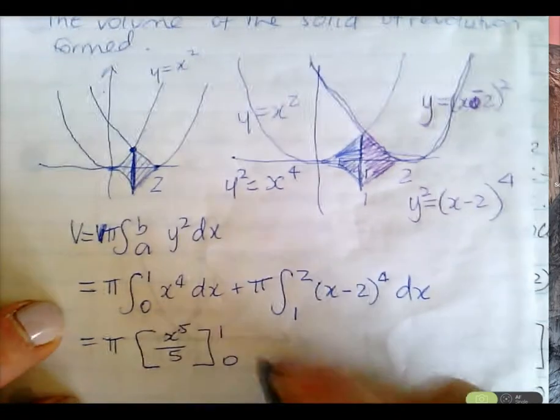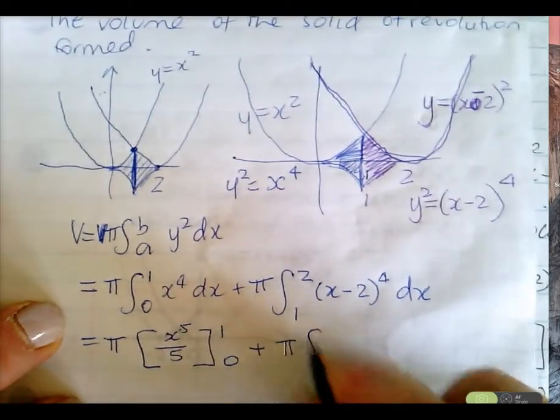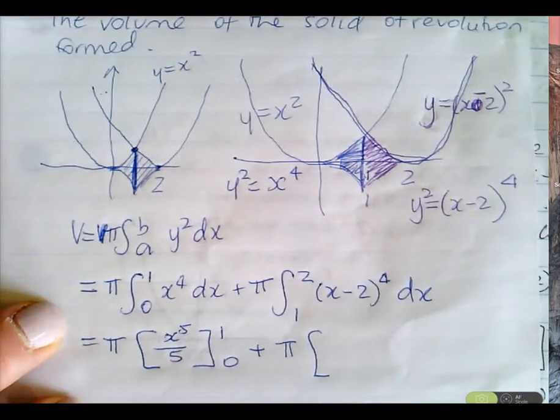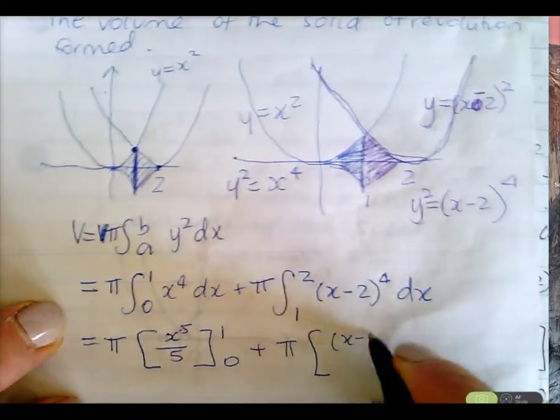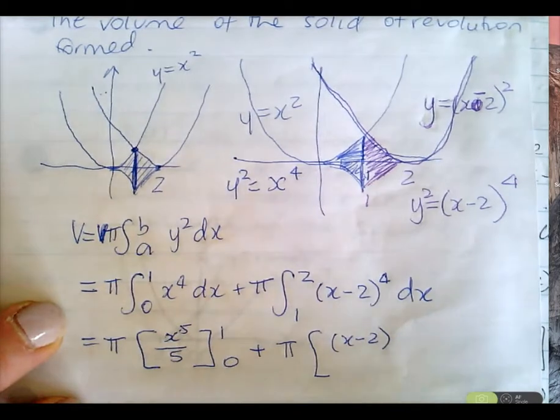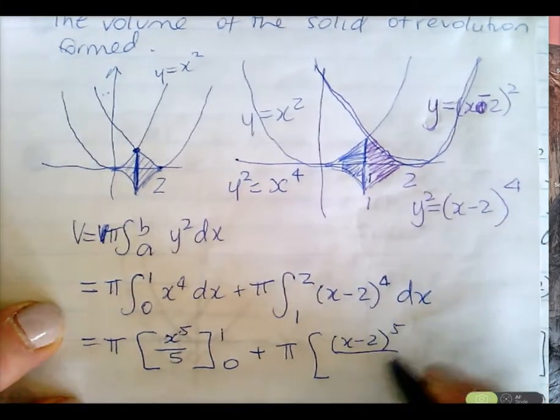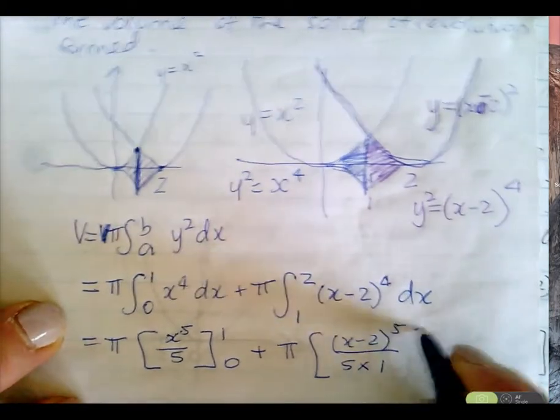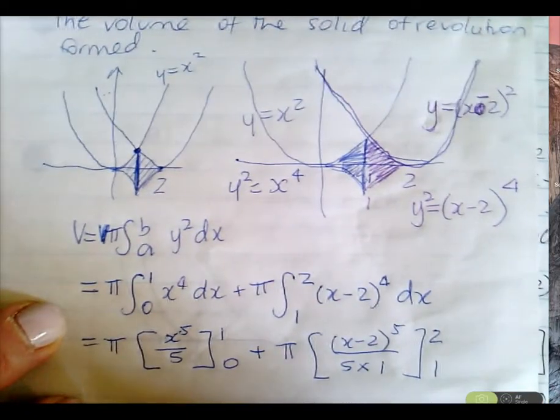Pi times x to the 5 on 5 between 1 and 0, plus pi. This is of the form ax plus b to the n, that times 1, between 2 and 1.